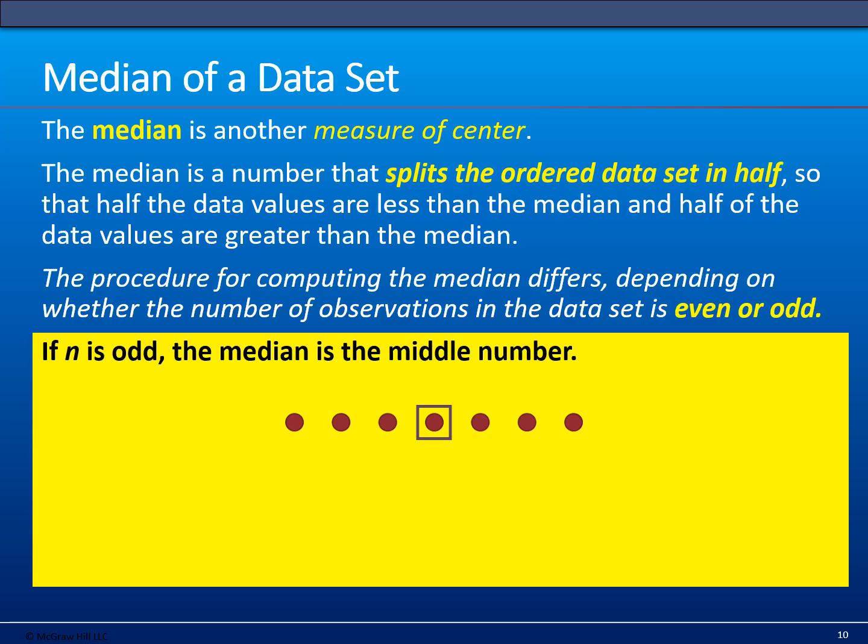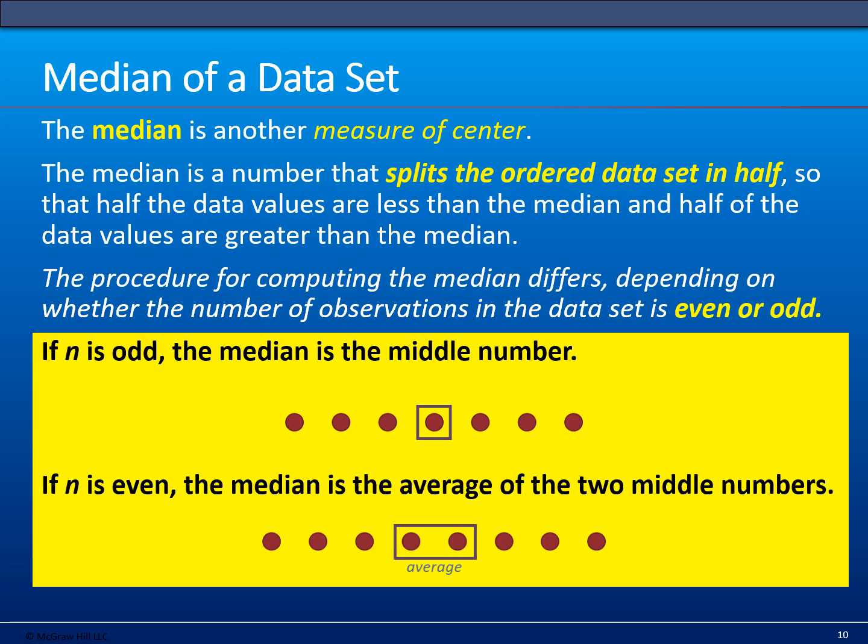If the number of observations is odd, the median is the middle number, and if the number of observations is even, then we take the two middle numbers and find the average of those two. Now, when I say this, I'm talking about ordered data. So the first thing we have to do is put our data in order from smallest to largest before we find that middle number.